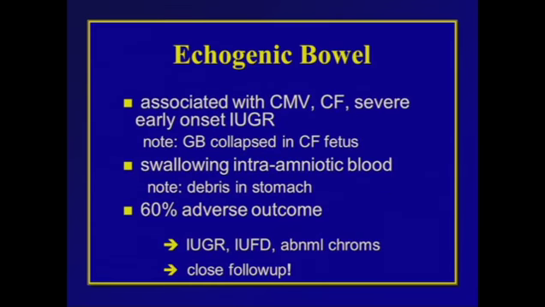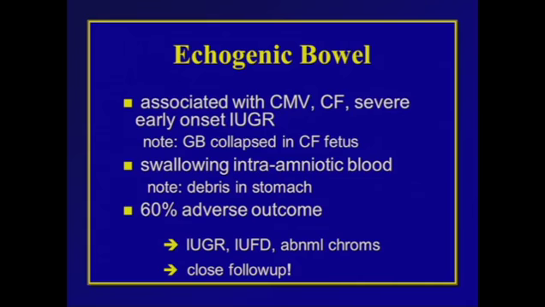Now, echogenic bowel, in addition to being associated with aneuploidy, is associated with infections such as CMV. It's associated with cystic fibrosis, and it also can be an indicator of severe early onset IUGR. One explanation for echogenic bowel is that the fetus has swallowed intraamniotic blood.